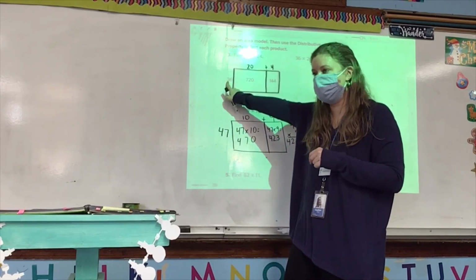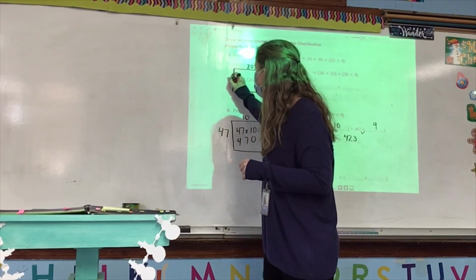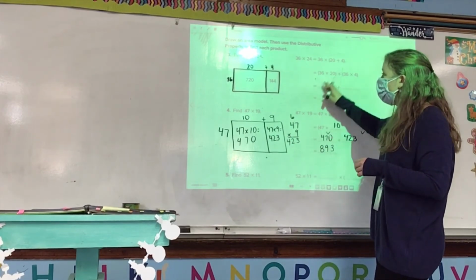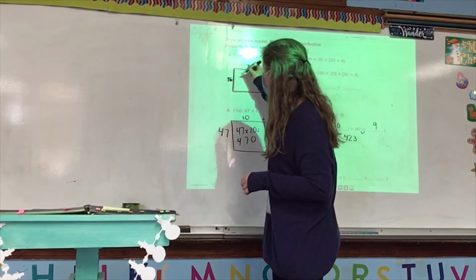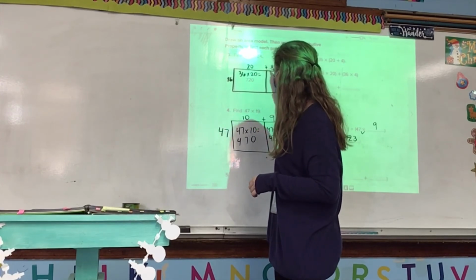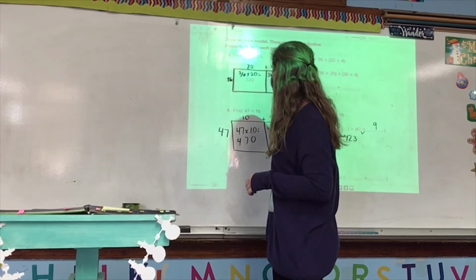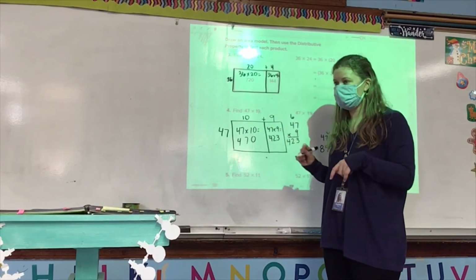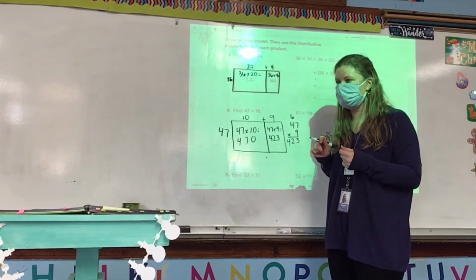So what goes on the side? 36. Now we have to solve. We know we have 36 times 20 and 36 times 4. Now 36 times 20. We automatically know what is going to go in the ones place.